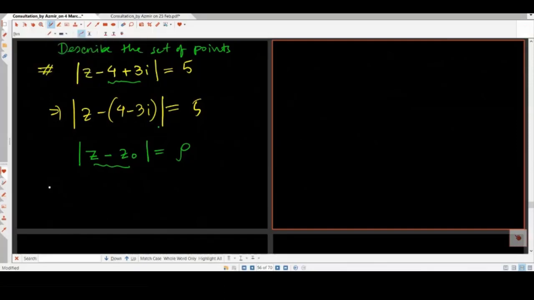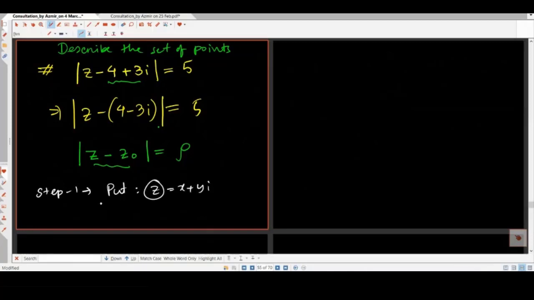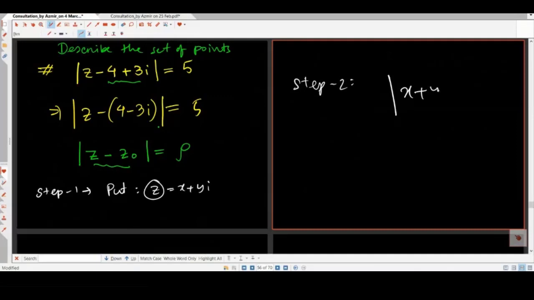For solving this, we need to go step by step. In step 1, we input x plus yi where we have z. In step 2, suppose you have modulus of x plus yi.